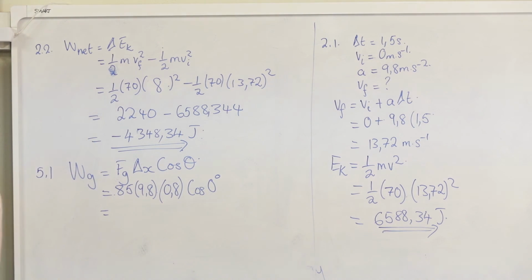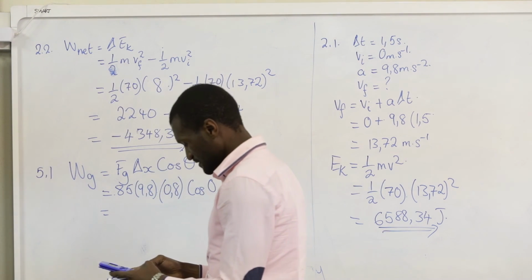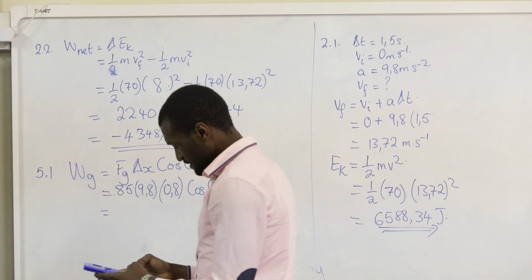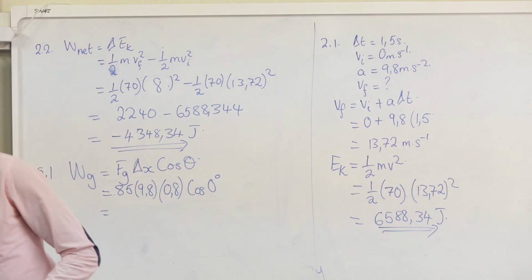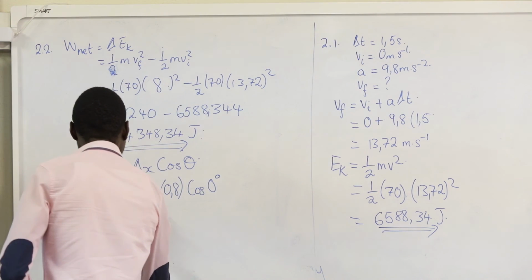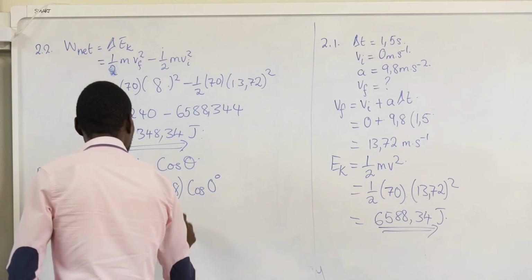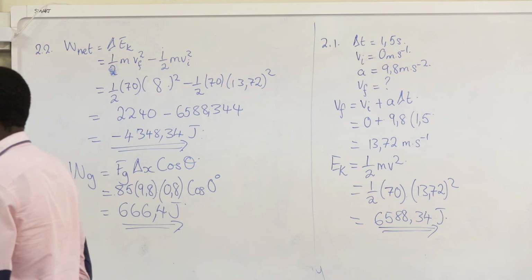Let's do the calculation. My blue baby is close by, and let's find out what the answer is. So 85 times 9.8 times 0.8 times 1 is equal to 666.4. 666.4, and remember we are measuring or calculating the work done in joules.